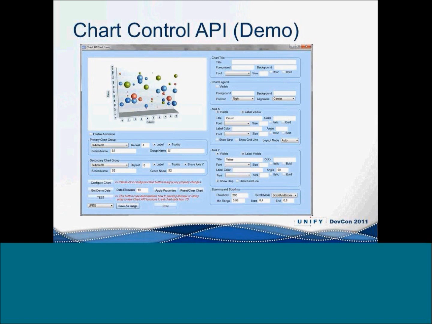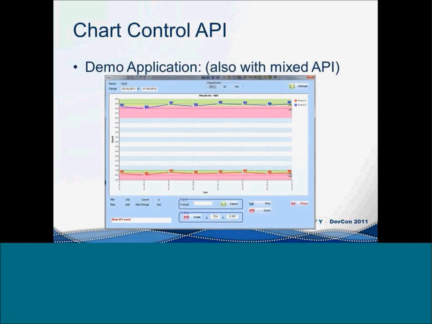So this is a demo application. Later on, I'll show it again. But this application is mixed with old and new API. And you can see at this point we have colored zones. Like we have in the top a green zone, and we have a red zone, and we can split zones into a special area.